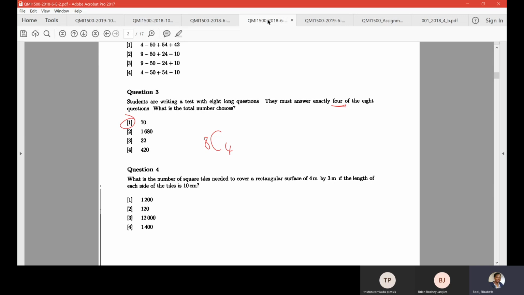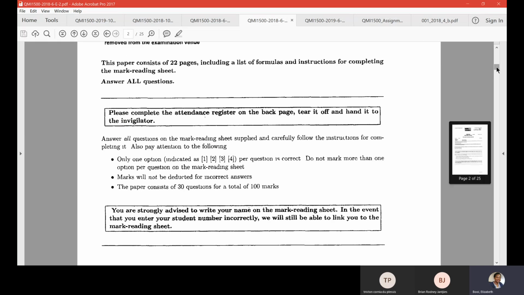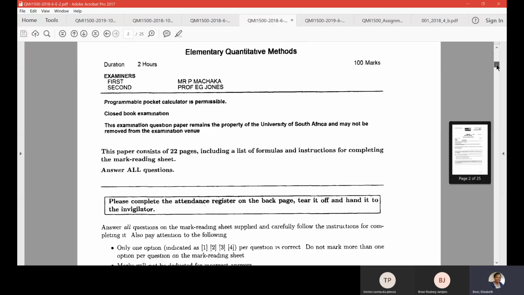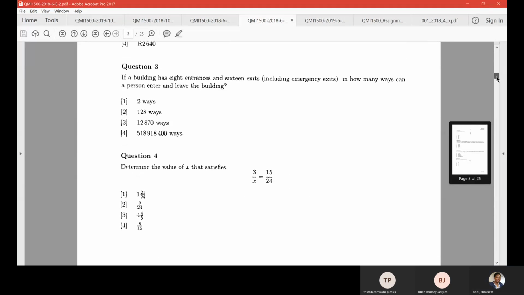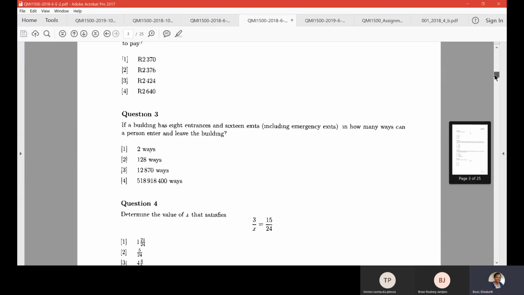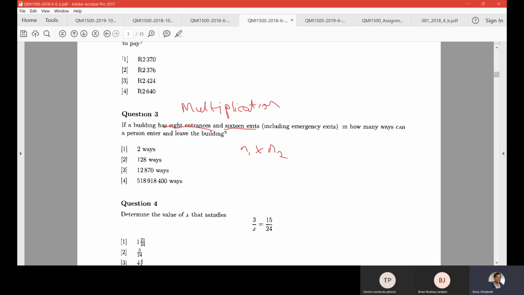If I look for other questions, I wonder who is your lecturer for this. There we go. So here is another one. If a building has 8 entrances and 16 exits, how many number of ways can a person enter? This is a multiplication rule, and the multiplication rule says n1 times n2, because there are 2 values.